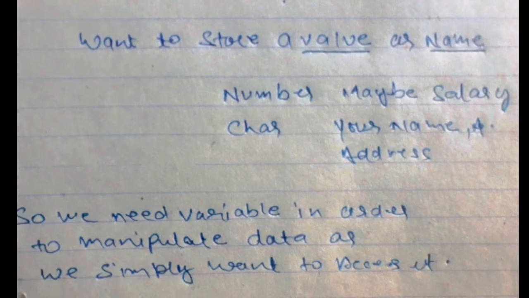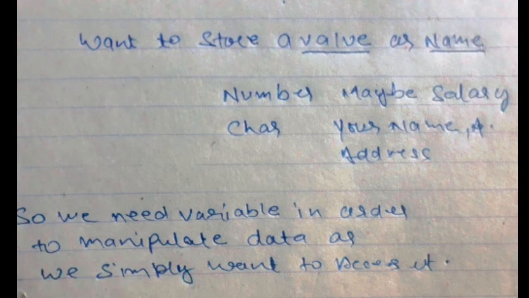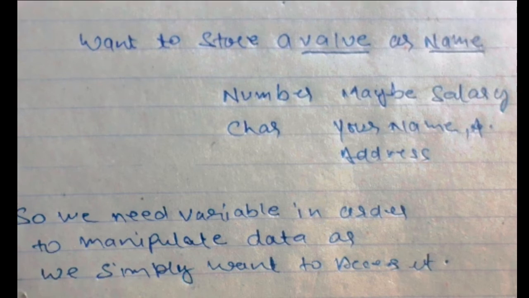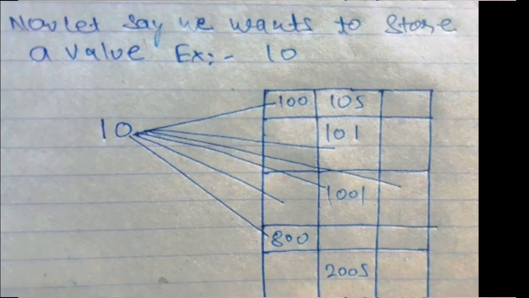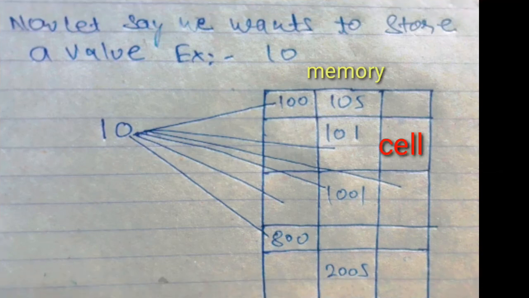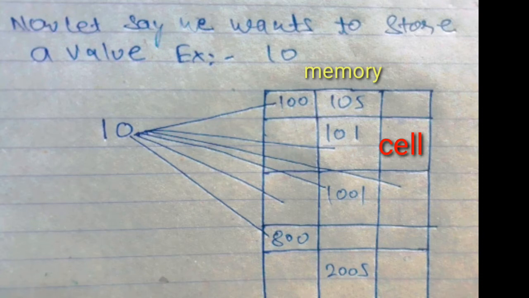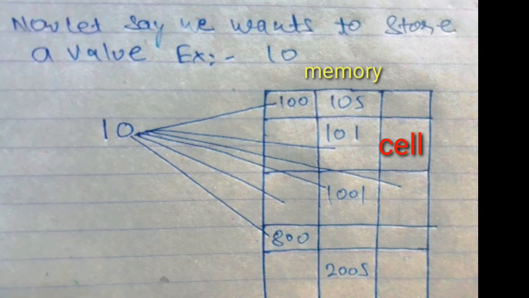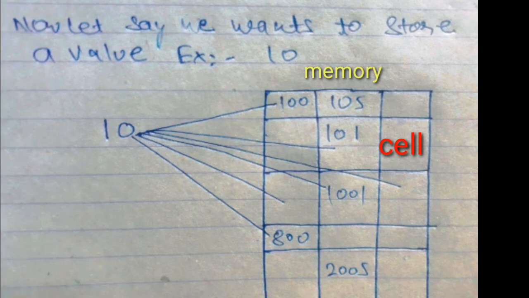So let's discuss what a variable is in detail. Let's say you want to store a value, for example 10, in order to perform some calculation, whether it could be subtraction or addition, whatever you want to do. I believe that you are already familiar with C programming.